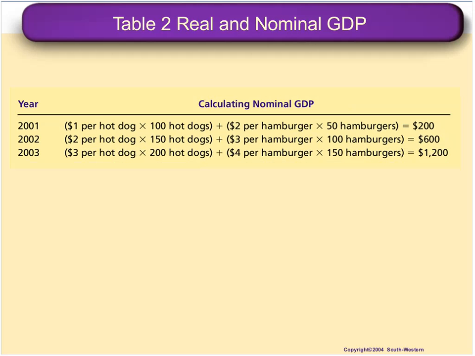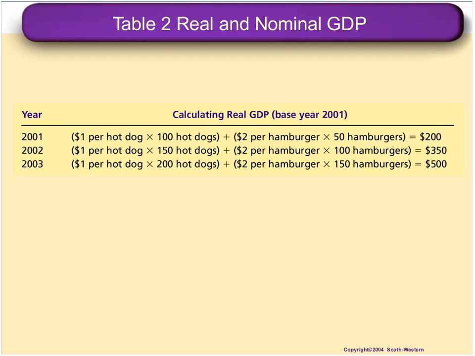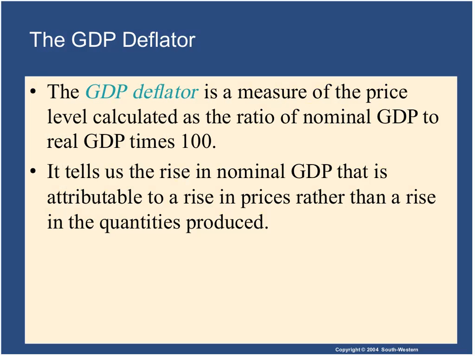In the previous one, you had 200, 600, and 1,200. But the reason it was increasing wasn't just the quantity, it was the price as well. Here the prices are the same and just the quantity increases, so you have a real GDP because there is no price change involved.